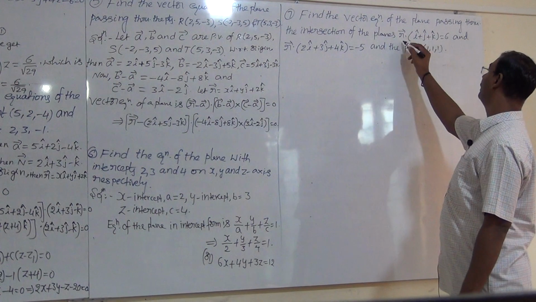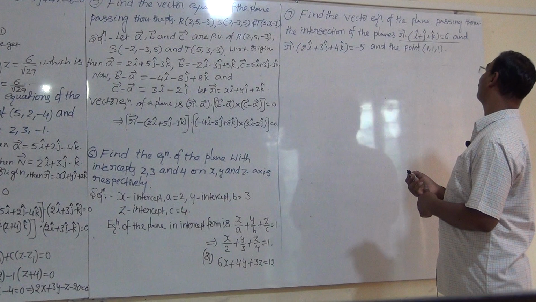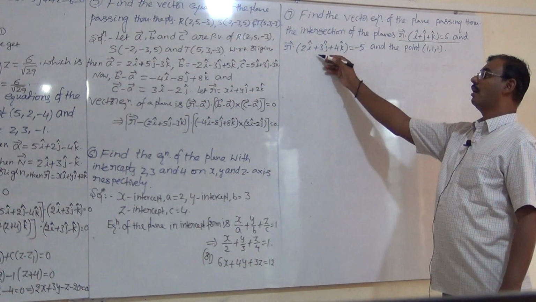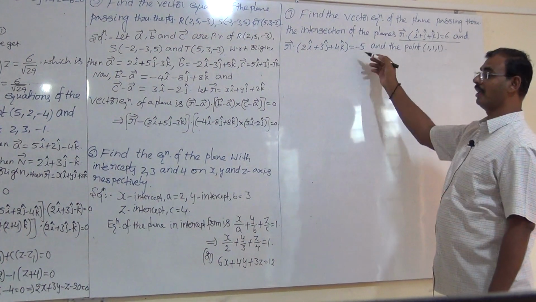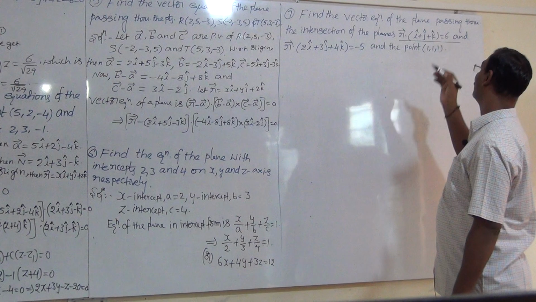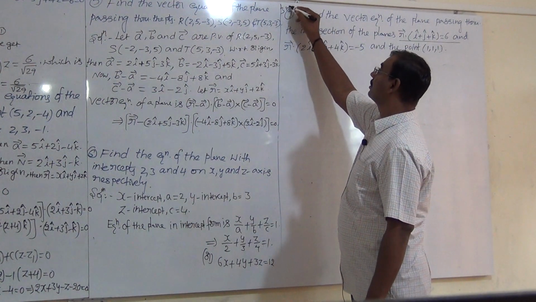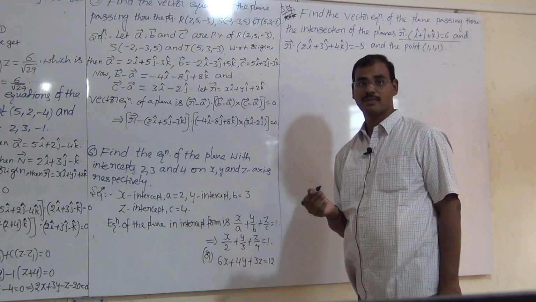The first plane is r bar dot (i bar plus j bar plus k bar) is equal to 6. The second plane is r bar dot (2i plus 3j plus 4k) equals minus 5, and it passes through the point (1, 1, 1). For 3 marks this model is most often important.